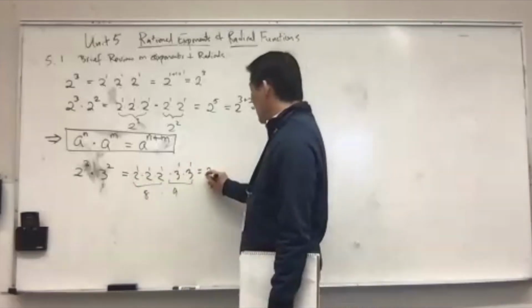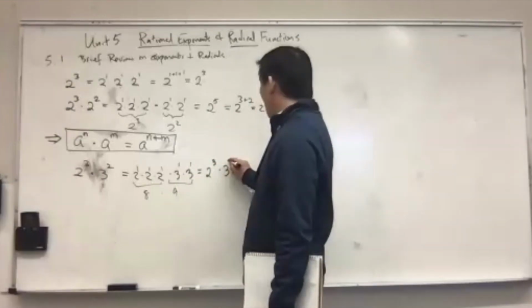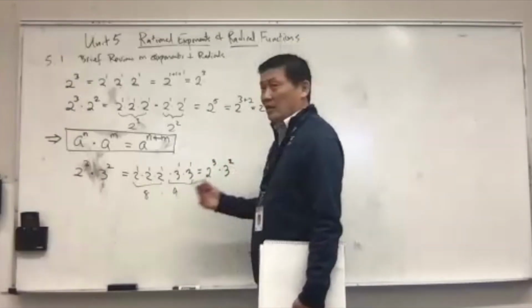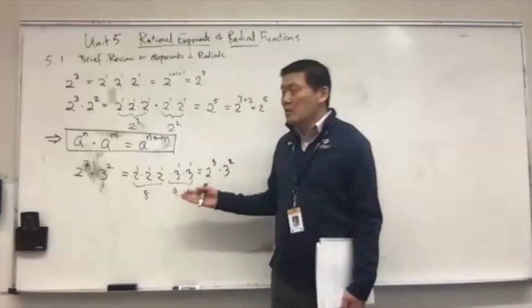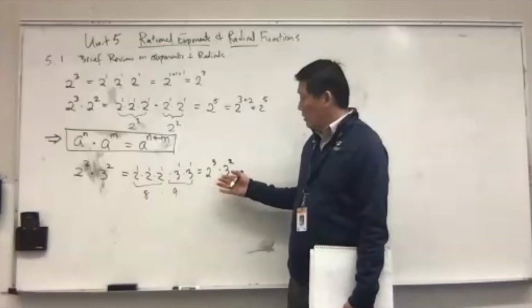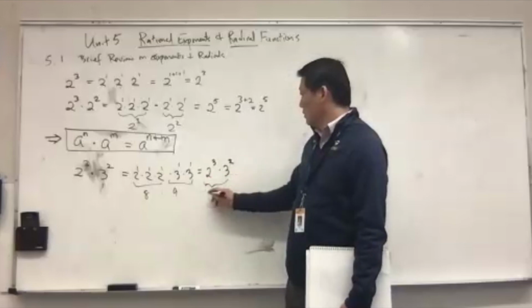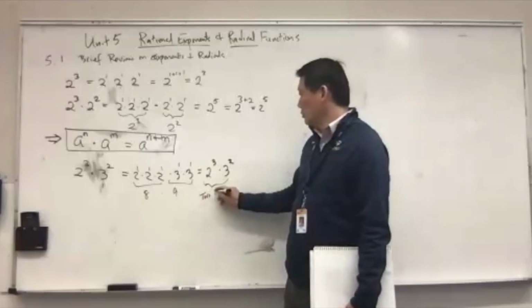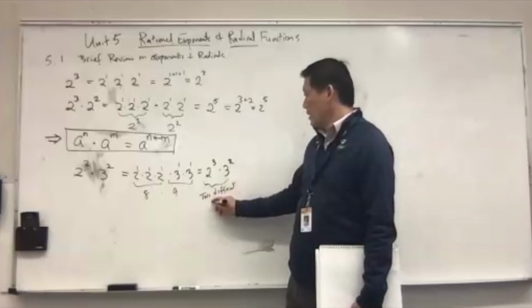So this will remain 2 to the third power times 3 squared. Nothing you can do with the exponent. We realize that we can't do anything with the exponent. Why? It's particularly because you have two different bases.